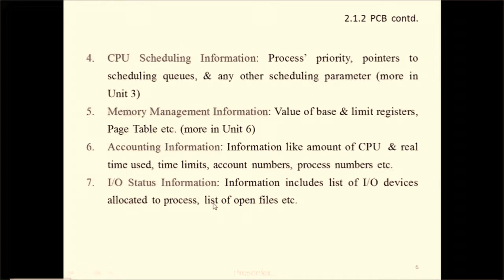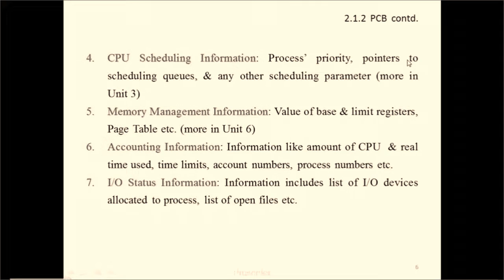There are other fields that go in the PCB. CPU scheduling information. You recall, different processes in a system have different priorities. So what is the priority of the process to whom this PCB belongs? That is recorded here.